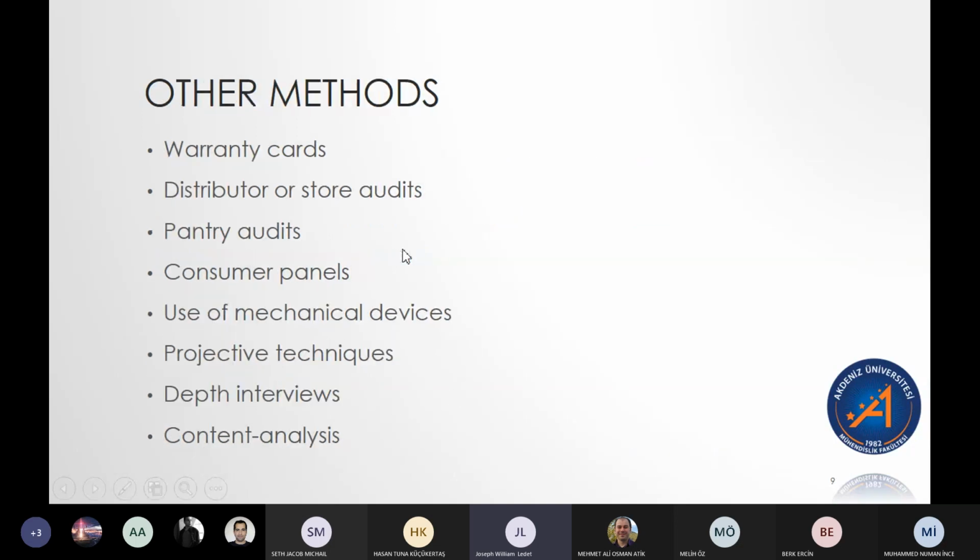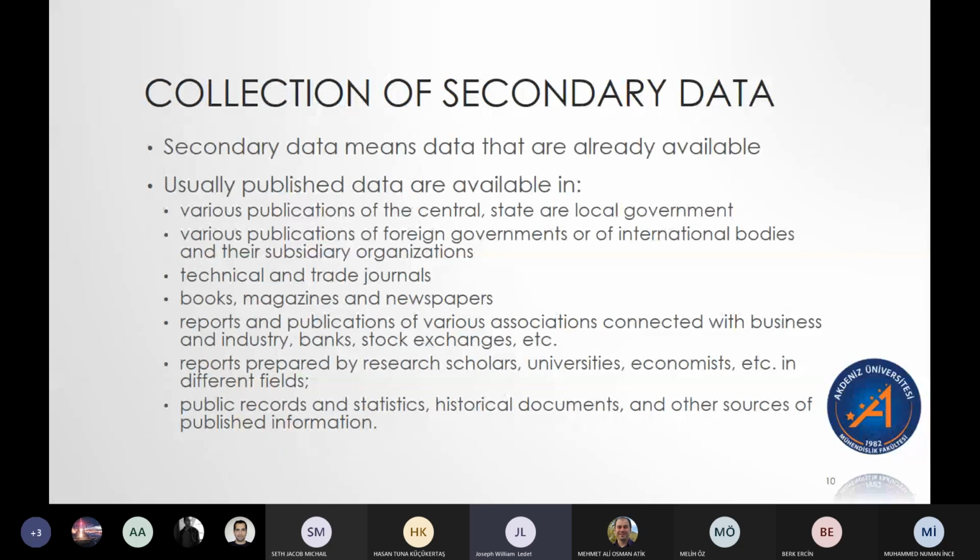All right. Then there's other methods as well. Like I said, we won't spend a lot of time there. Now, secondary data just is other data that's out there. It could be in journal publications. It could be a database. It may not be something that's published in a journal publication or a book or something like that.